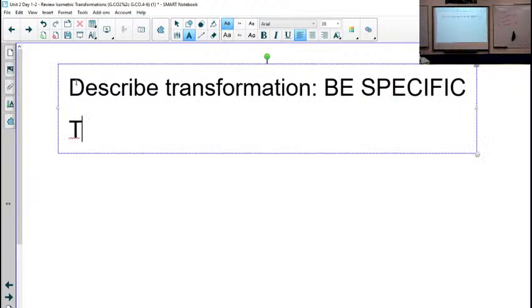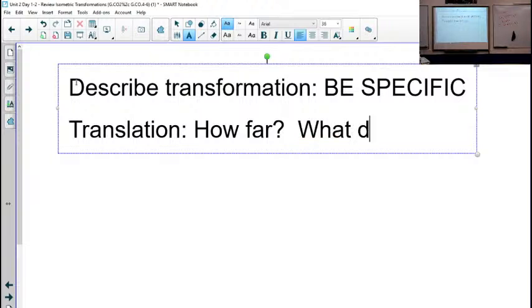So what that means for a translation, where we're shifting up, down, left, right, I need how far and what direction. So if you have a translation, don't just say it's a translation. Tell me something like it's a translation and we're moving 2 units up and 4 units to the right. That's specific.